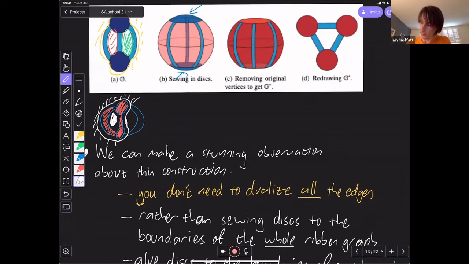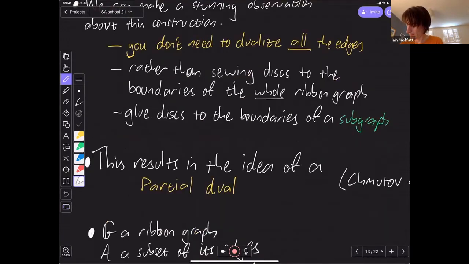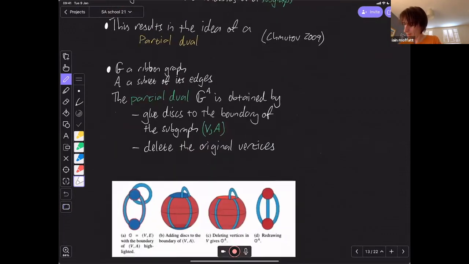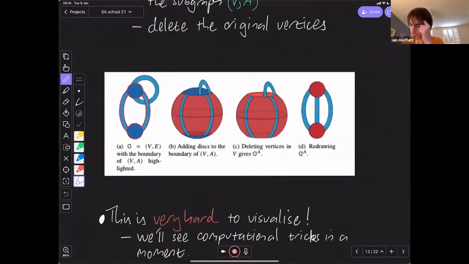And then, when I delete these two original vertices, I'm going to get a new ribbon graph. So let's see this in process down here.